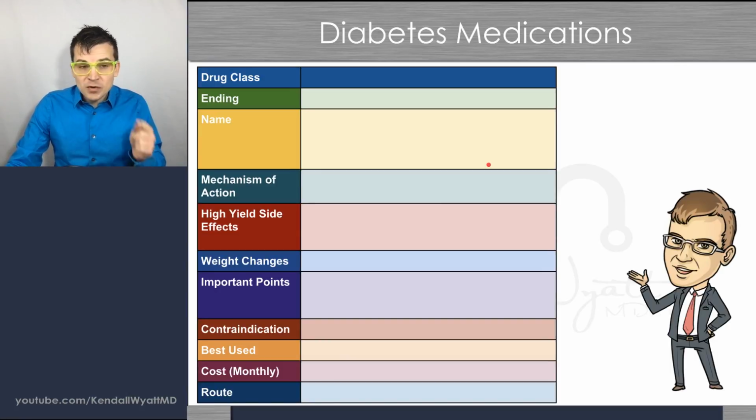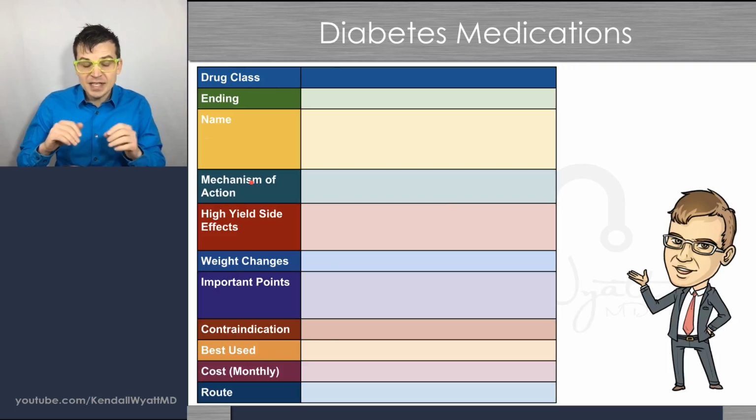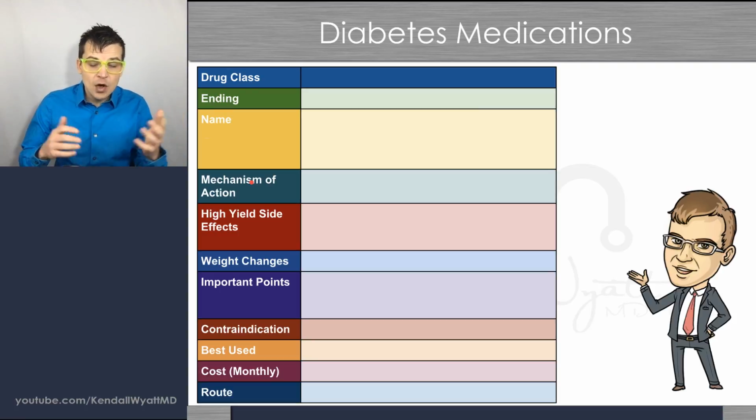Before we get started with that first medicine, one thing I want you to see is the format of what we're going over today. We're going to go over the drug classes and an ending if they have one, and of course the names of all the drugs because you need to remember those. We've got a few shortcuts for you to help remember those as well. The mechanism of action for each one, today we're doing generalized things. So really just what the mechanism of action is. You'll see some snippets and flashes on the screen of what we go into detail in our other video, but everything you need to know really is in this one at a rapid pace.